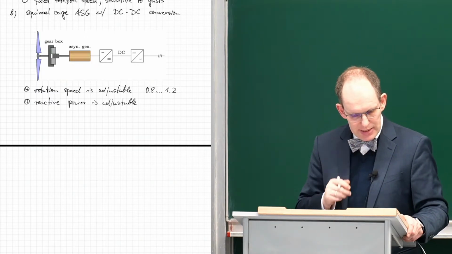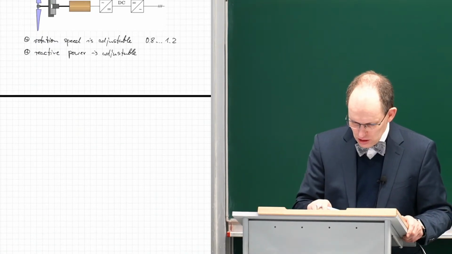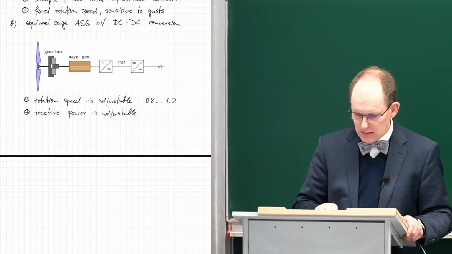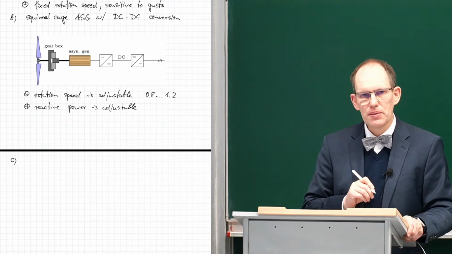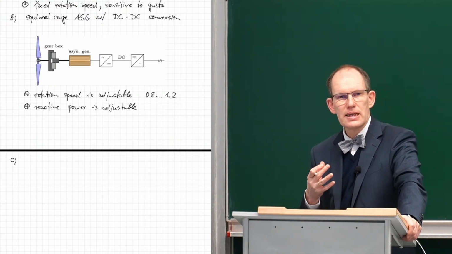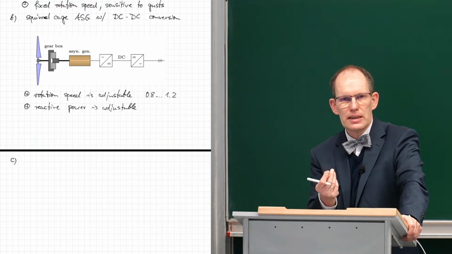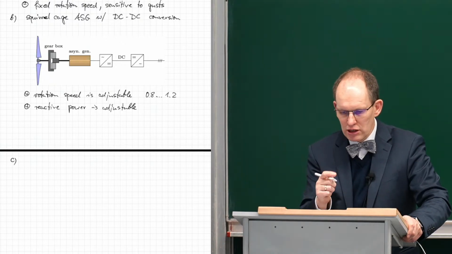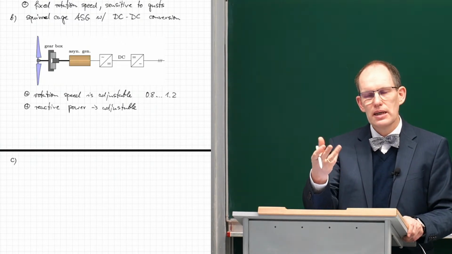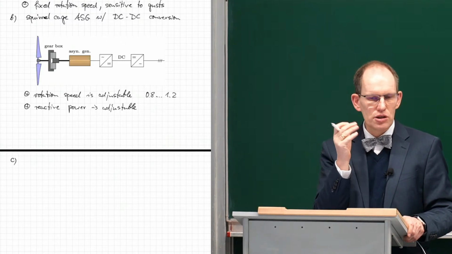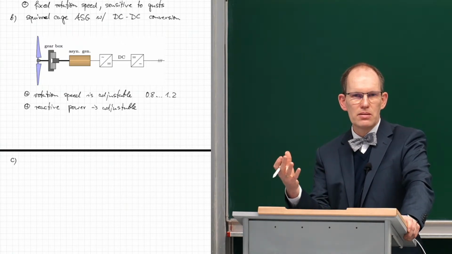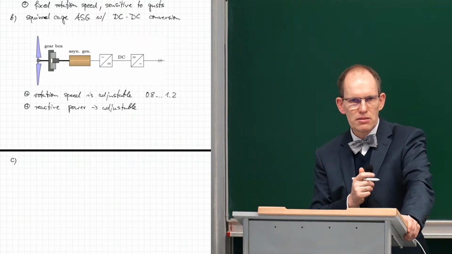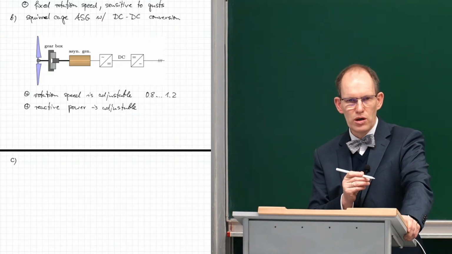And then there are even more sophisticated designs, namely a design where you actually put a resistor into the squirrel cage, and then it's actually possible to adjust the rotation speed even more.